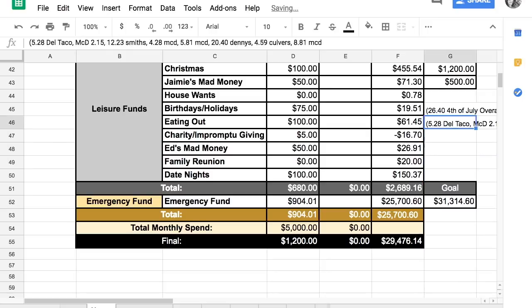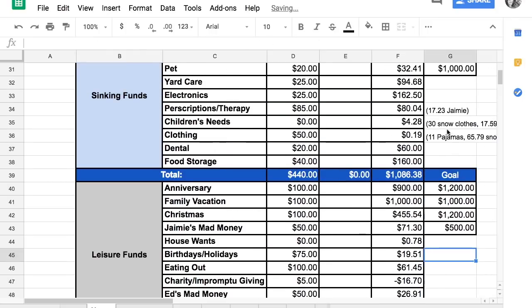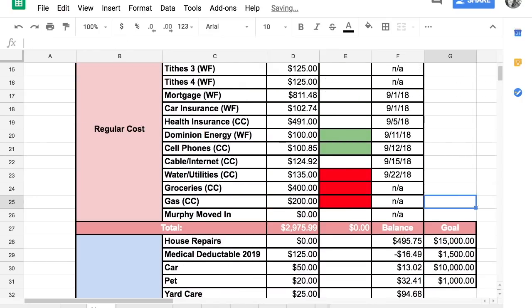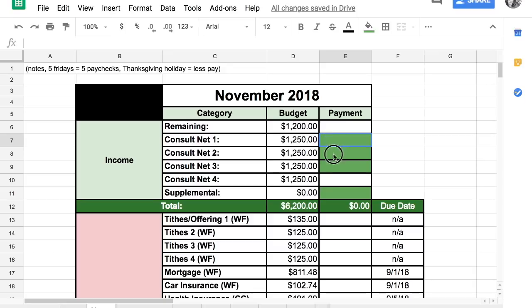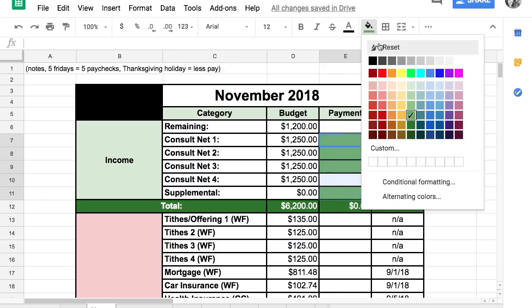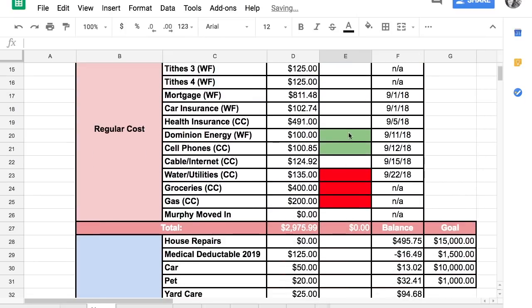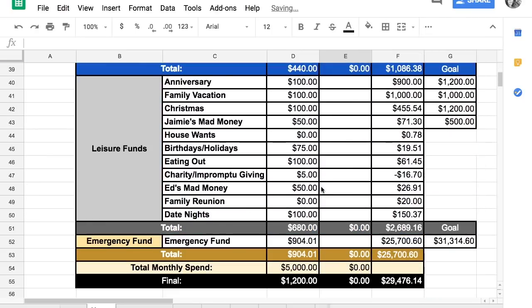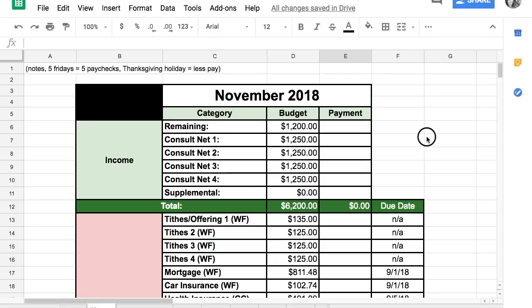Notes on the side, sorry about that. I will just get all these guys out of here, and reset all my backgrounds. Okay, so I am at a blank template for the most part.